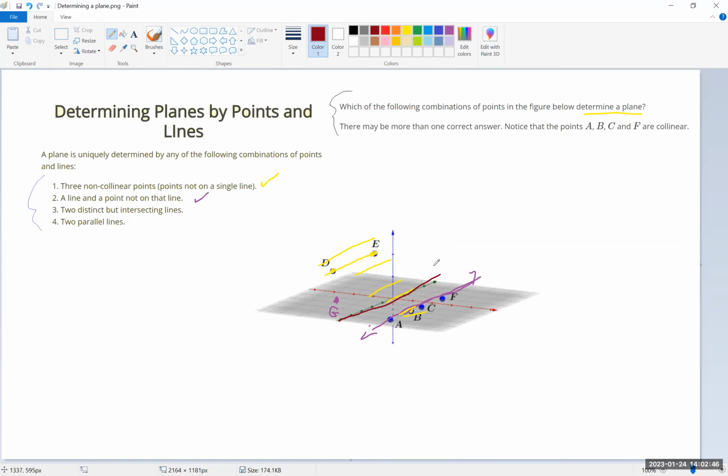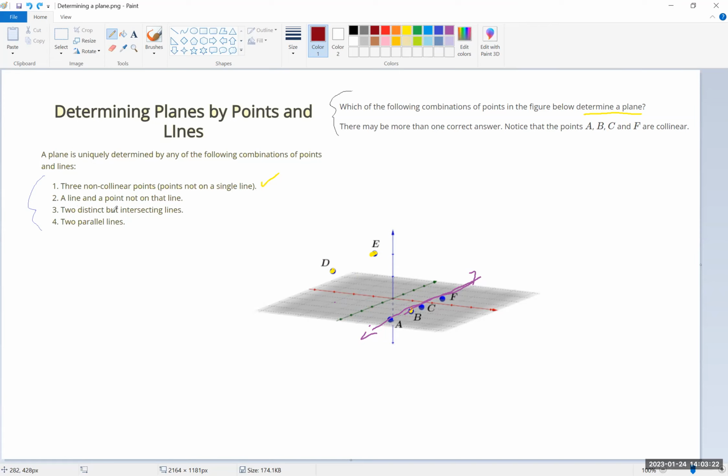This green line, and this red line. If you can ignore how crooked it is, they are two distinct but intersecting lines. Okay. And I'm going to erase some of these things because this picture is starting to get pretty muddied by this point. But hopefully my point is not lost.